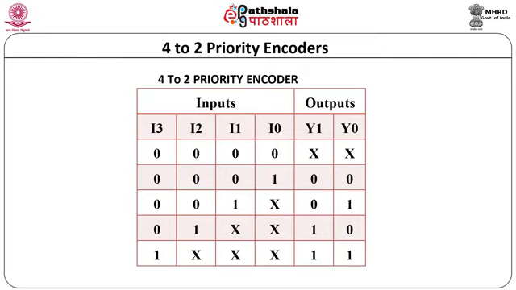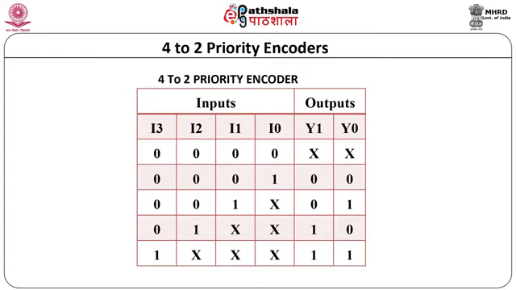There are 4 inputs I0 through I3 and 2 outputs Y0 and Y1. With these 4 inputs, the actual truth table would have 16 possible input conditions. But for simplicity, the truth table is prepared wisely and contains only a few conditions with the help of X, that is the don't care condition.